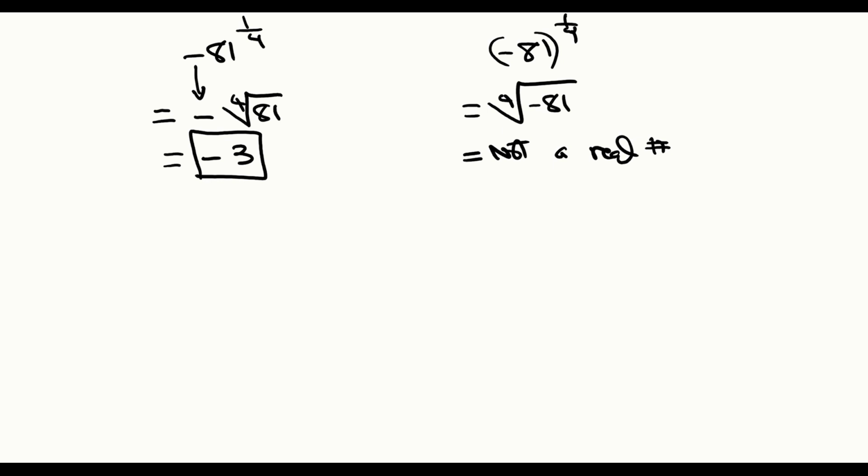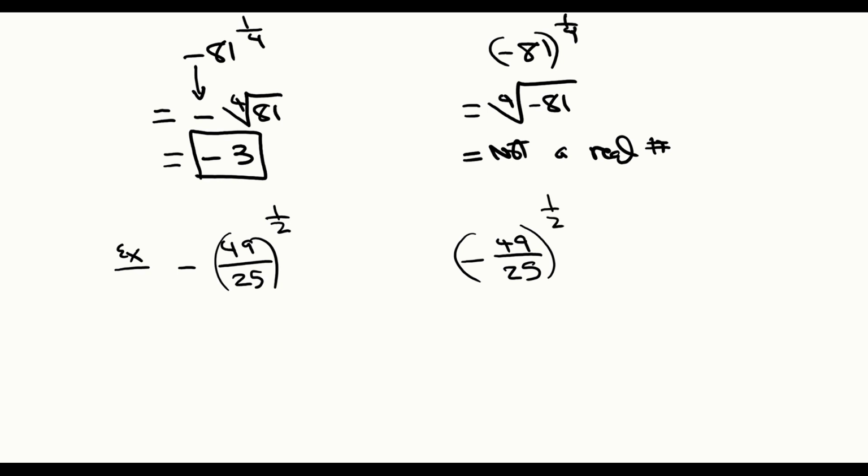This notion carries on to fractions as well. For example, if we have -49 over 25 to the power of 1/2, as opposed to negative 49 over 25 in parentheses to the power of 1/2.